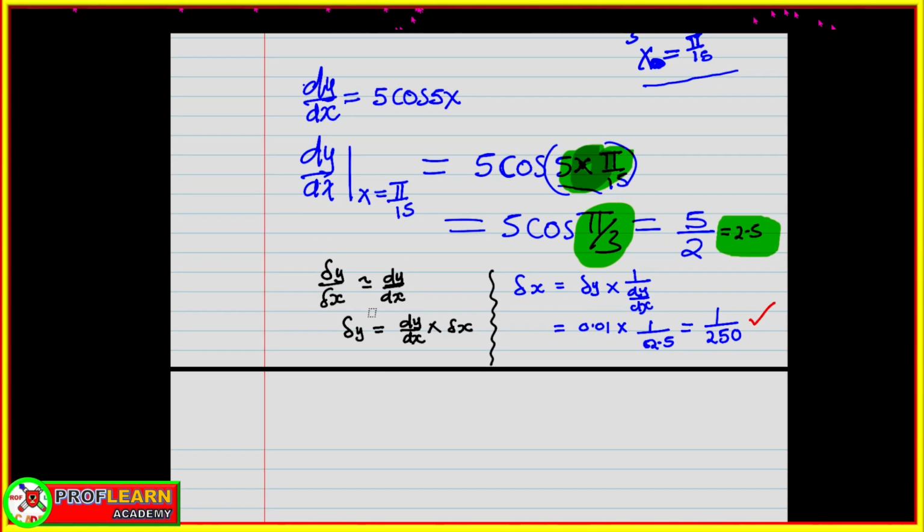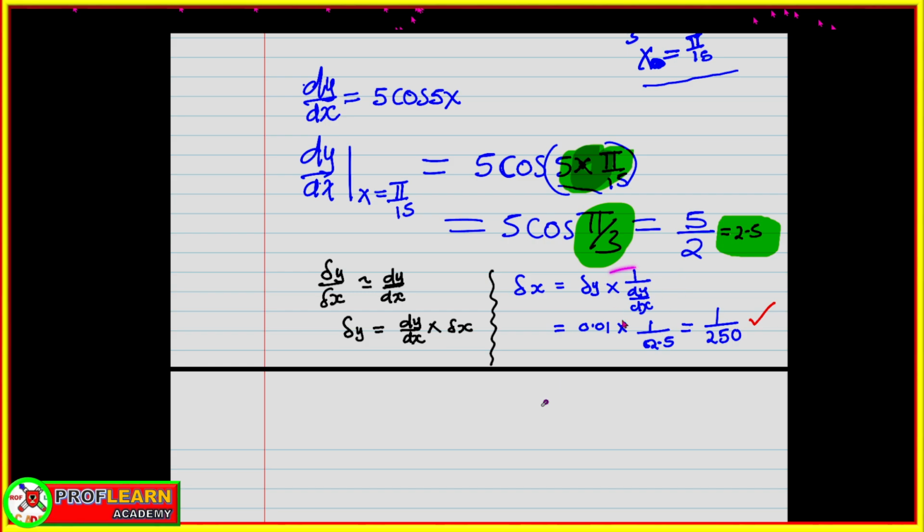Now we can find dx/dy, and to find dx/dy we are going to use this relation. dx/dy is obtained from this relation, because if you have dy/dx and you want to make dx/dy, which is a small change in x, the subject, we are going to have this expression at this given point.